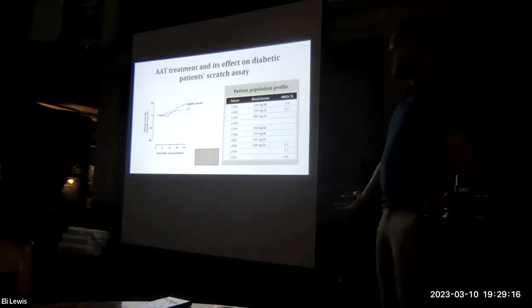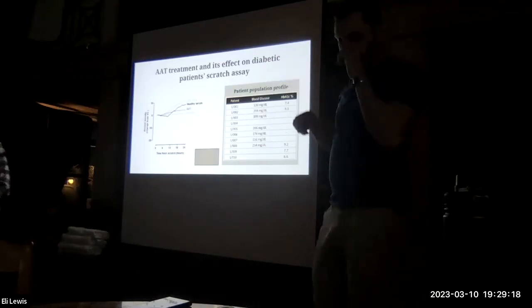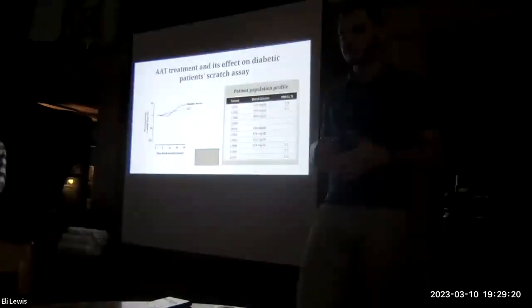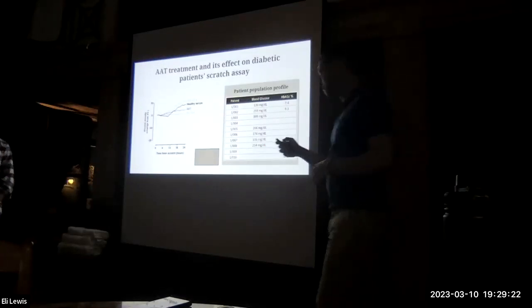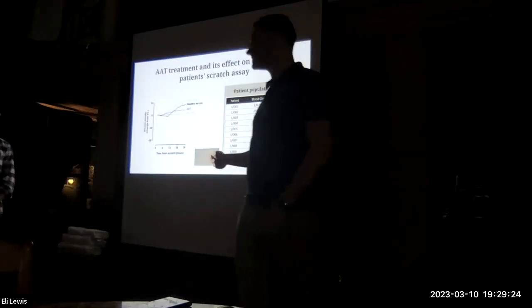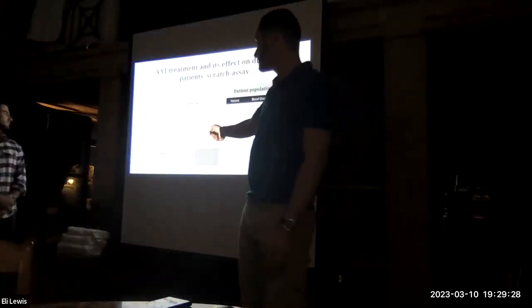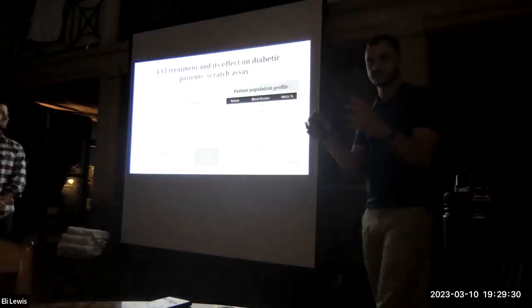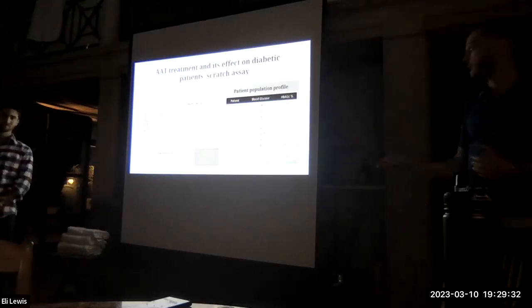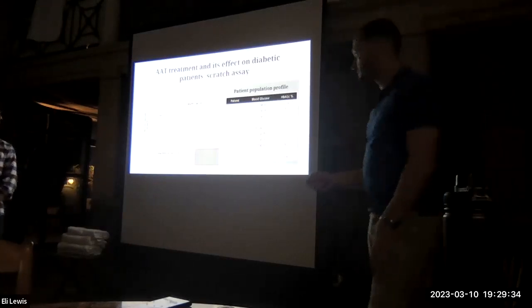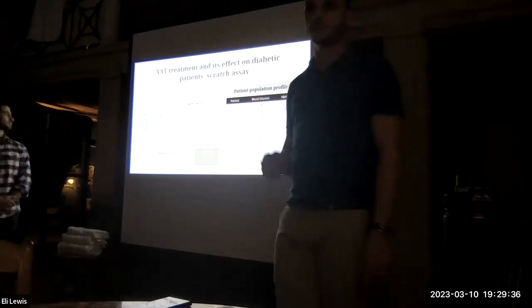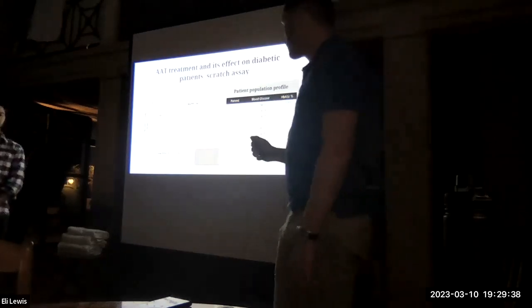So here, this is a bit of introduction to what we're going to see in the next slide. We see in the y-axis the wound density. This is from scratch assay. We see the wound density, which is the density of cells of the epithelium in the assay. And in the x-axis, we see time from the first moment of the scratch until 24 hours.